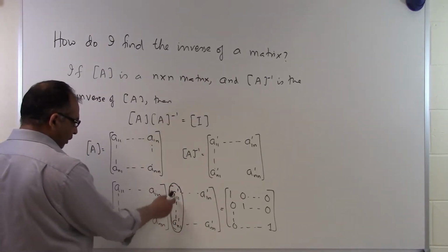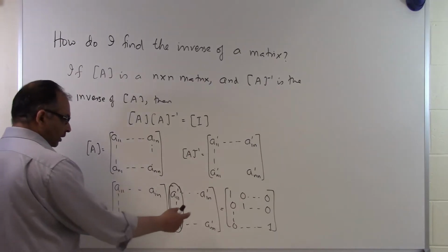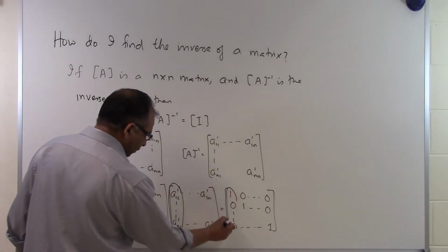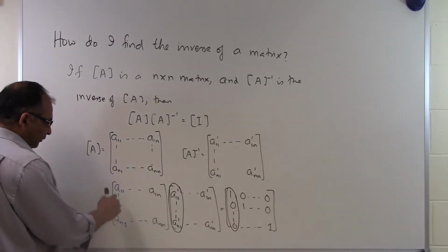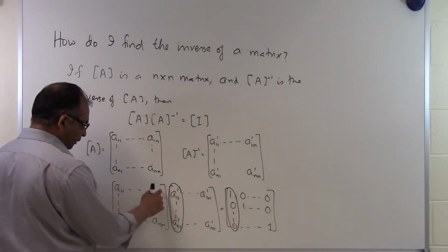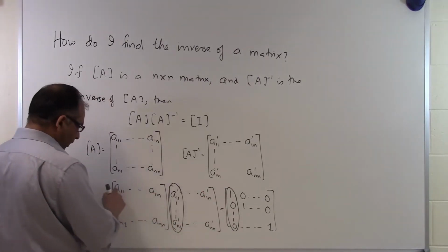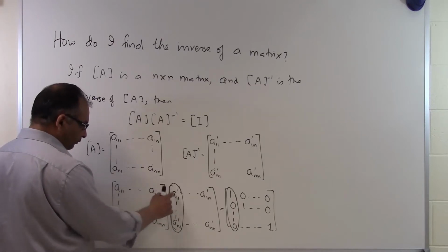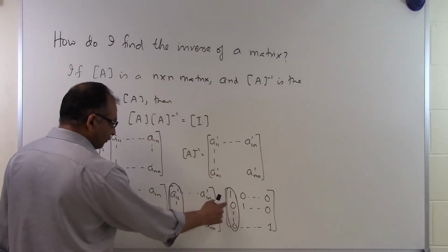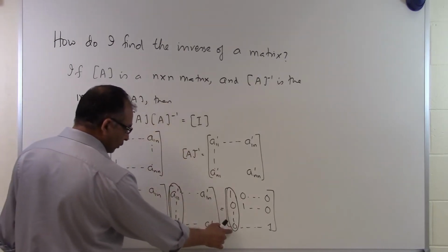If I multiply it by the A matrix, it will give me the first column of the identity matrix, which makes sense because if I take the first row here and first column here, I'll get the first row, first column here. If I take the second row here and first column here, I'll get the second row, first column here. If I take the nth row here and the first column here, I'll get the nth row, first column here.